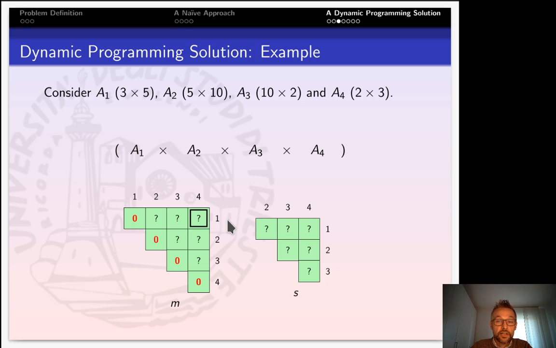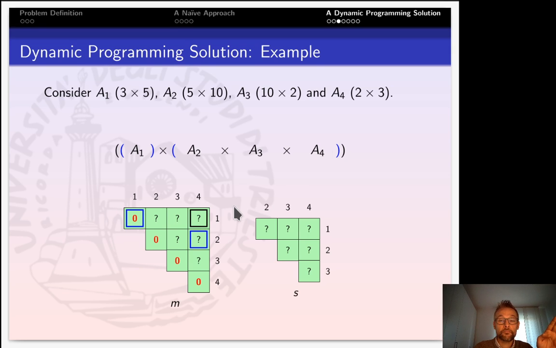Now, to compute this number, we first may try to compute the first level parenthesization of this overall chain, and this is done by selecting as first possible choice k equal to 1. So at the first level we have a parenthesization in which the first submatrix is exclusively A1 and the second submatrix is built from A2 up to A4.